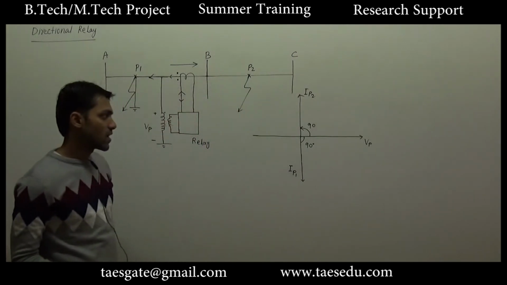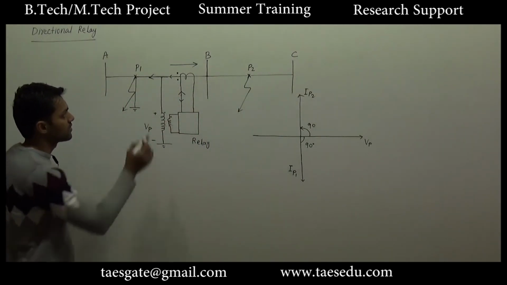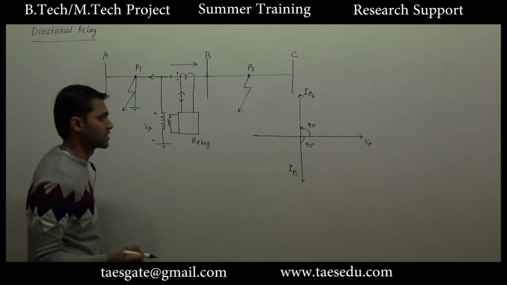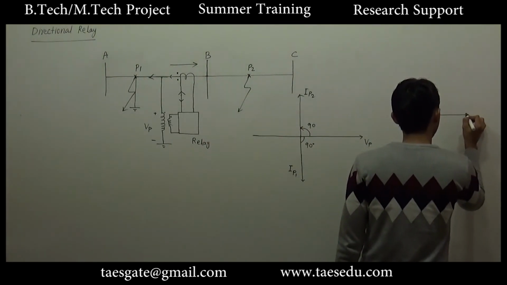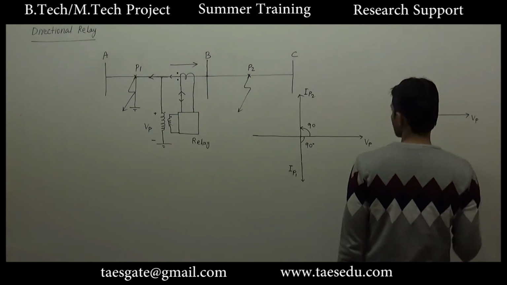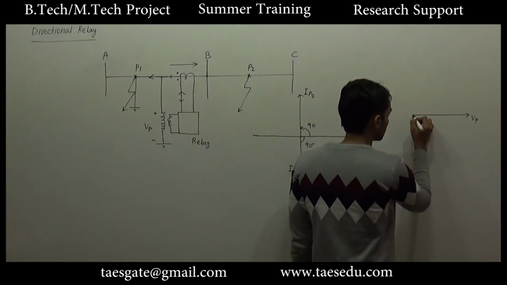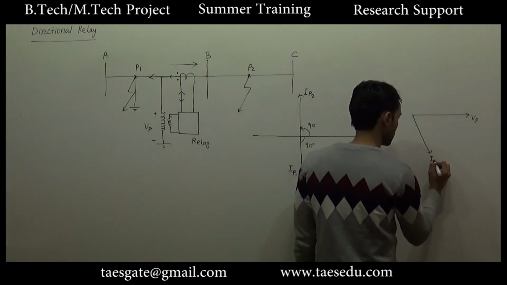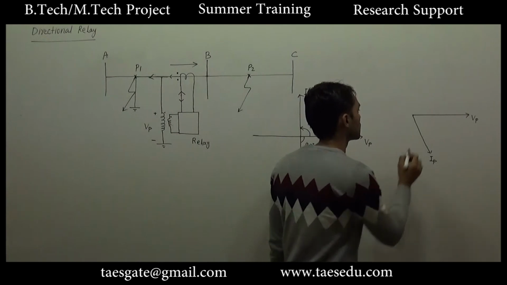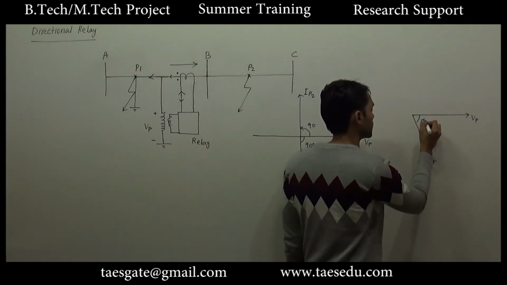For this phasor diagram, I have assumed that the feeder is purely reactive, but in the practical case, the feeder will have some resistance, so the current will not lag exactly by 90 degrees. This will be the fault current, and let's say this angle is phi.